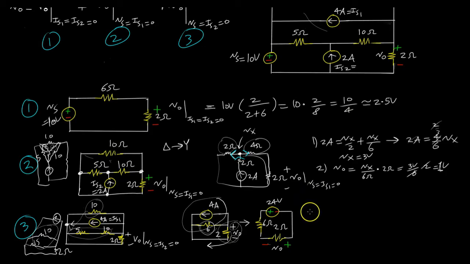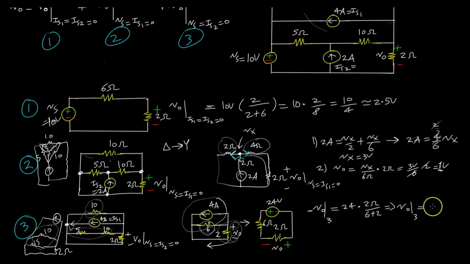Basically, negative V out is going to be 24 volts times 2 ohms over 6 plus 2. And this is the V out under the special condition, let's say condition 3 to make it easier to write.